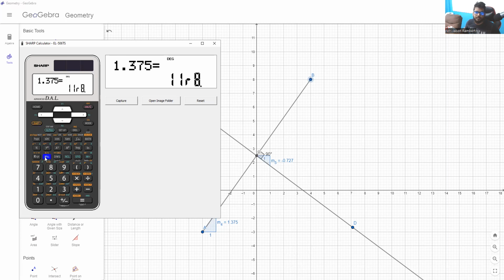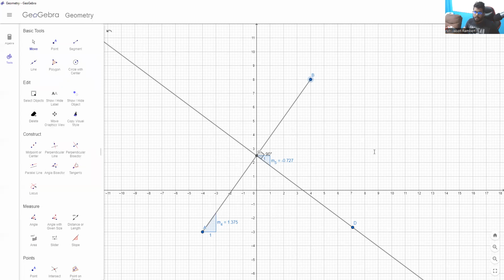All right. So this number here, M4, is 11 over 8. M5 will be 8 over 11. Right? We could check it. 8 divided by 11 is 0.727 going down the root. When I multiply these two numbers, I'm going to get -1.